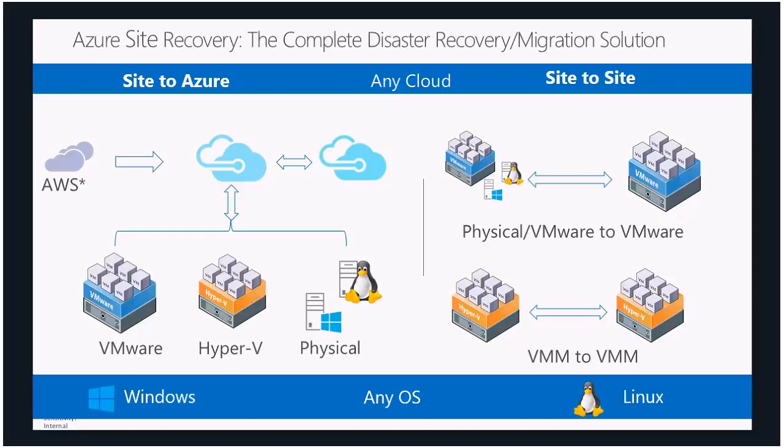ASR also supports site-to-site. So if you actually have two data centers, Site A and Site B, it helps to orchestrate and, here's the key, automate the replication and failover between those two sites. So we see in the diagram here physical, VMware, of course, even VMM, Virtual Machine Manager, as a virtual machine and Hyper-V host management tool on the System Center side.